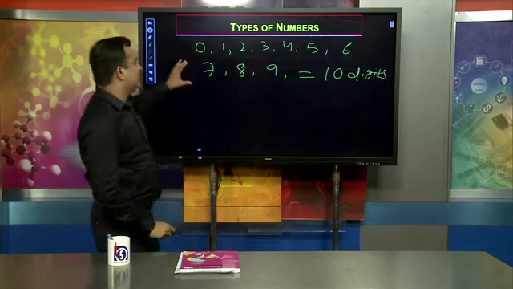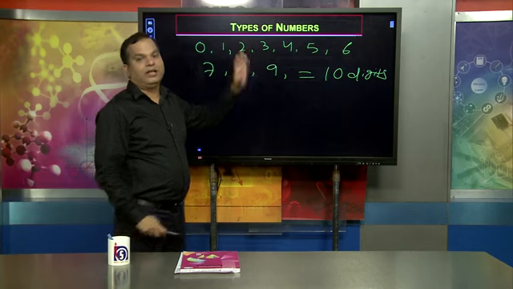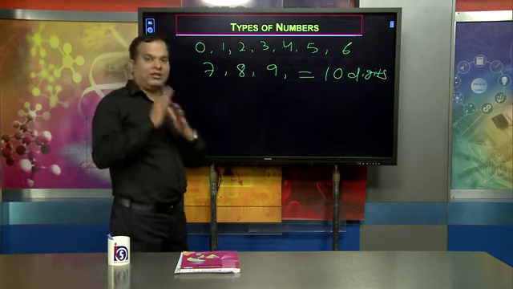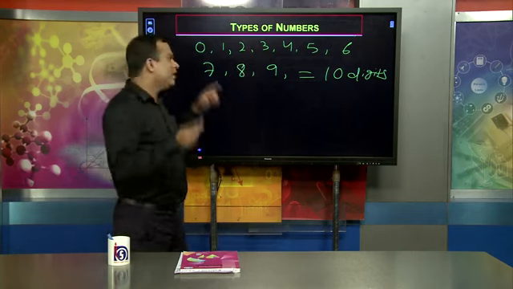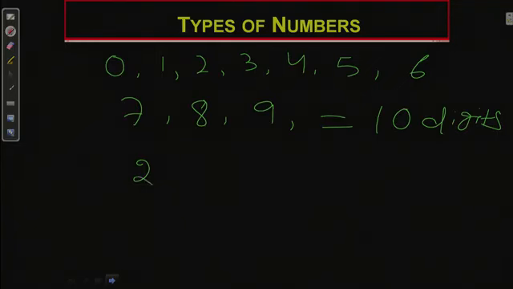When we arrange these digits, then you get a number. Suppose 2 is a digit, 3 is a digit, and 5 is a digit.